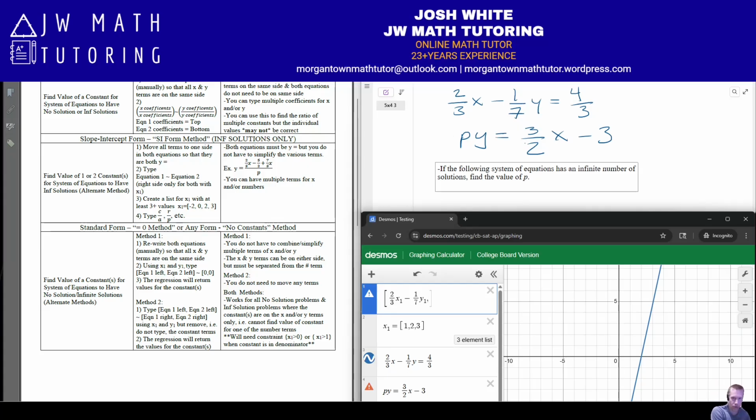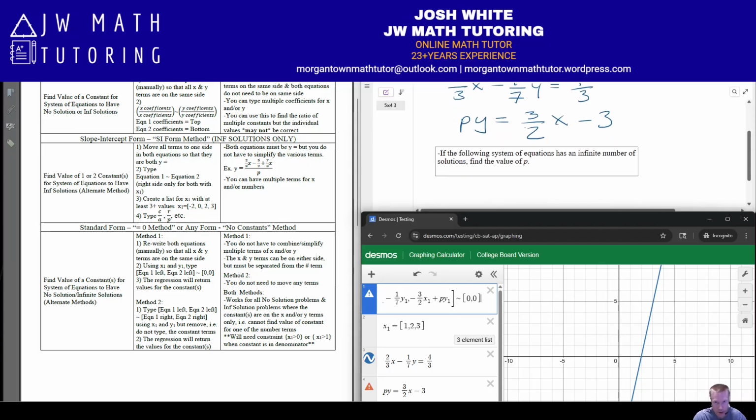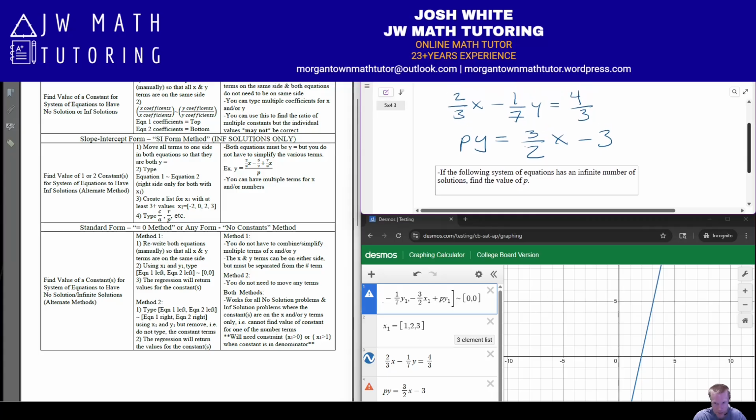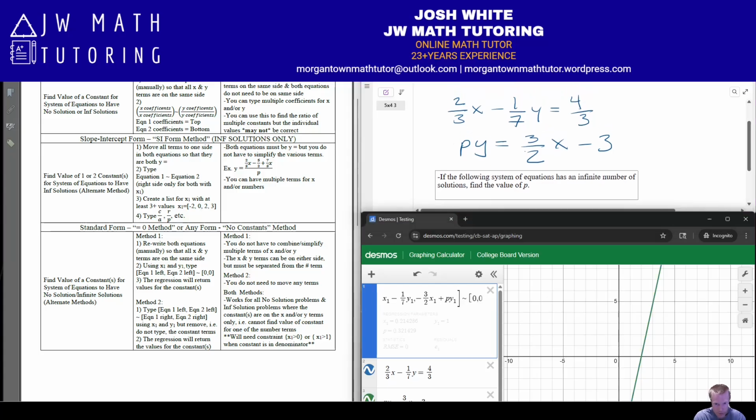I am going to move the x term over to the left by subtracting it, and then plus py1. Now, I do regression, and again, I set both things equal to 0. Notice I'm having a problem here because I still have the element list defined from the previous thing, so I want to get rid of this. Okay, now it has worked out.